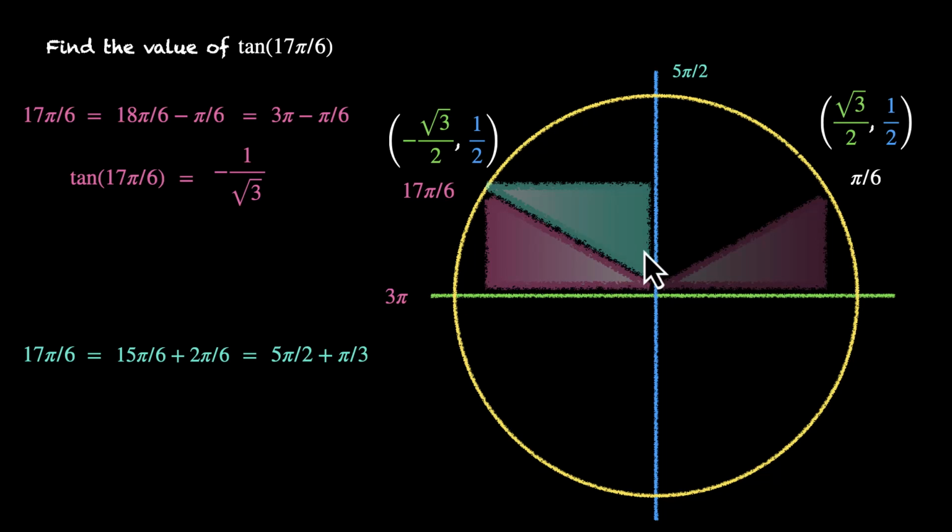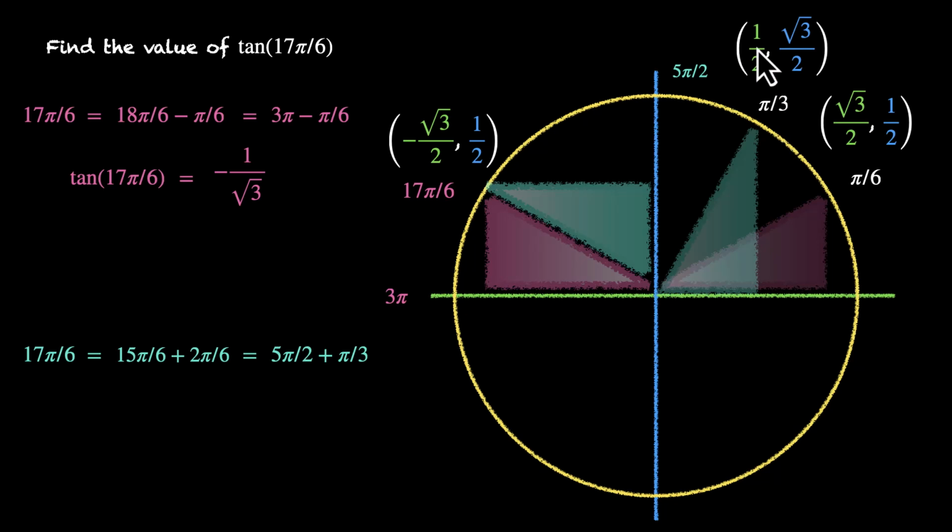This angle is pi by 3. The original pi by 3 is this, and the coordinates are half comma root 3 by 2. Can we use the coordinates of this point to figure out the coordinates of this one? Let's see. Let's move through the triangles. This point is half comma root 3 by 2, which means to move from this point to this point, we can take this length.